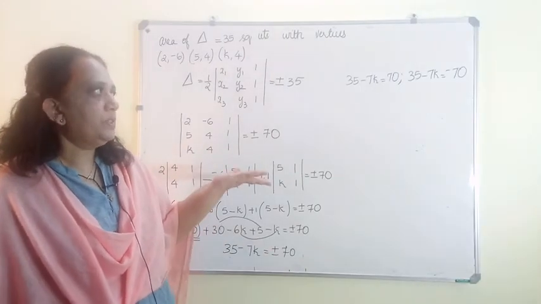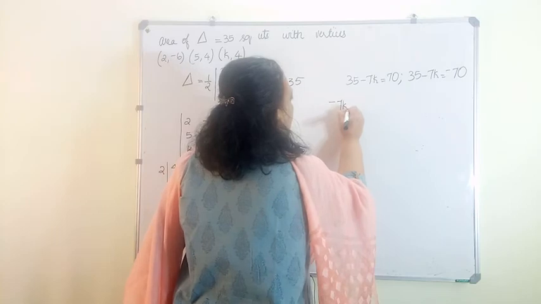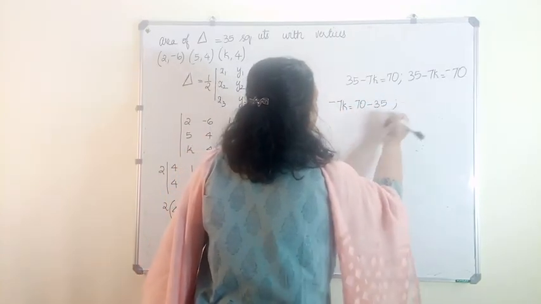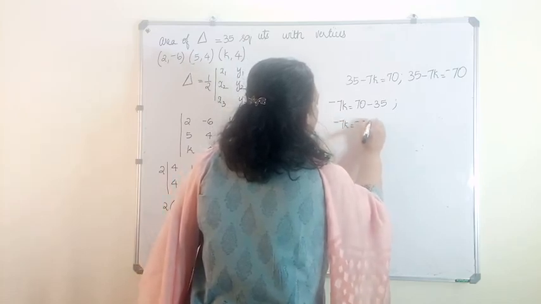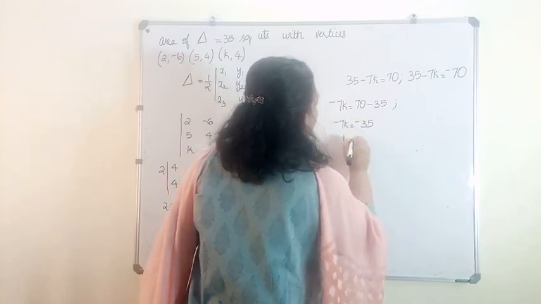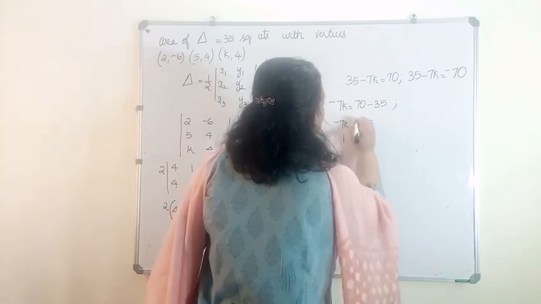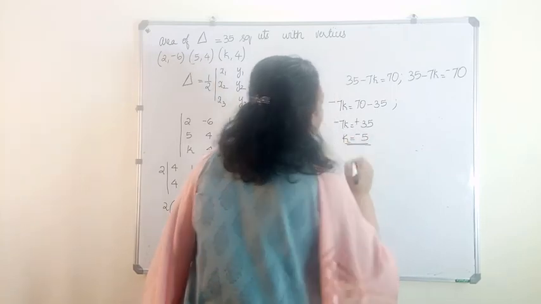It can be either positive or it can be negative. Minus 7k is equal to 70 minus 35. Minus 7k is equal to minus 35. K is equal to plus 35 by 7, k is equal to minus 5.